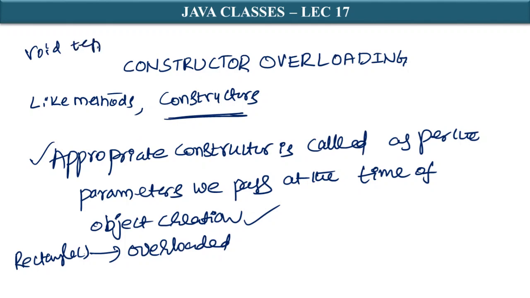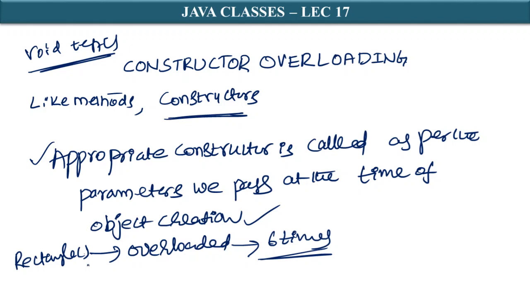How many times did we overload that void test? I think we overloaded it 4 times. Here in this program, instead of a method, I will create a constructor with the name Rectangle and overload it 6 times. That depends on your requirement. For illustration purposes, let me overload it 6 times.